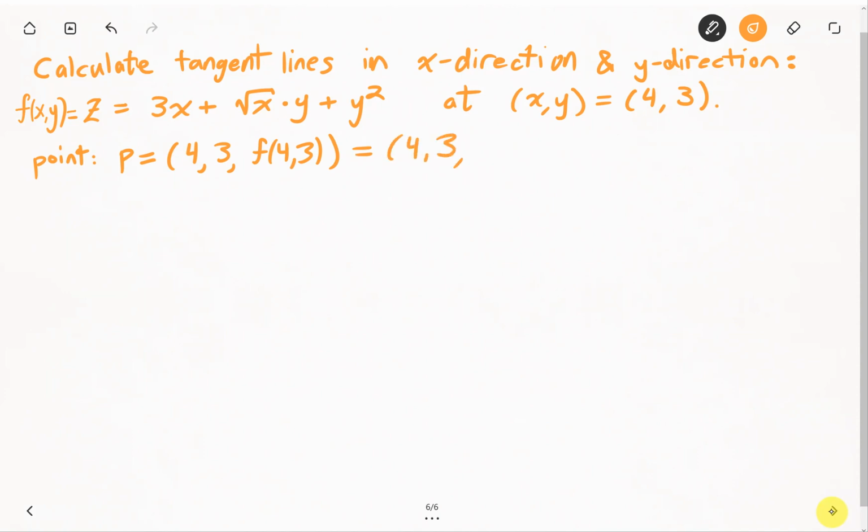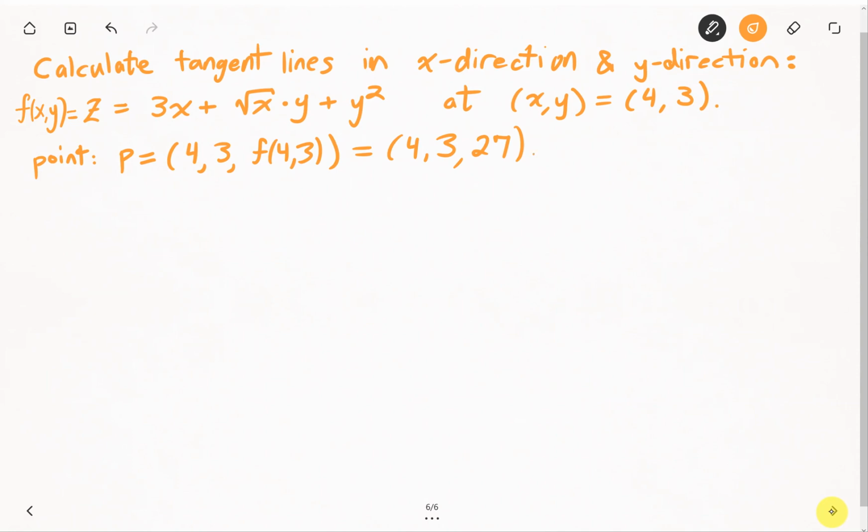We get 3 times 4, which is 12, plus square root of 4 times 3, that's 2 times 3, which is 6. 12 plus 6 is 18, plus 3 squared, that's 9. So 18 plus 9 is 27. Sounds good. All right, so there's the point on the line.